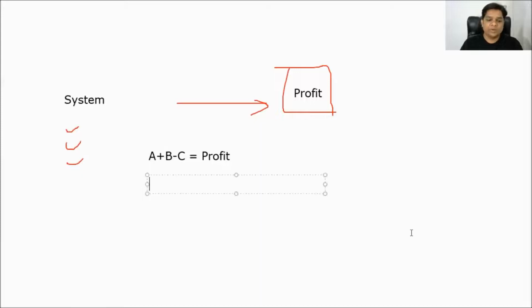So don't do a minus b plus c and expect to get profit. It will not work many times. You need to apply a single formula to get a desired result. So in simple words, I would like to tell you that if you want to be a profitable trader, simply follow the system.